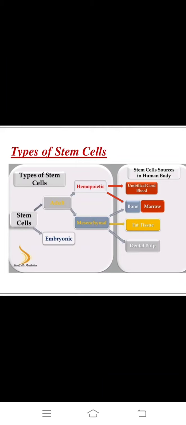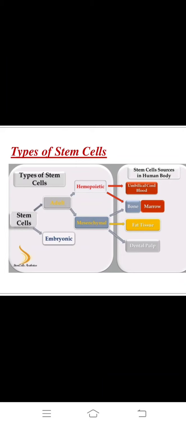Stem cells are very important to the organism. The embryonic stem cells can be modified into heart, lung, brain, skin and other tissues. So it forms two types.